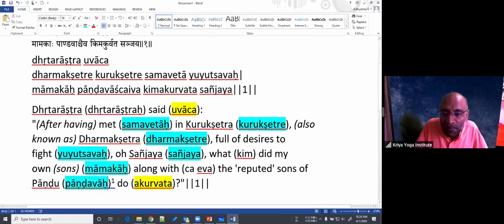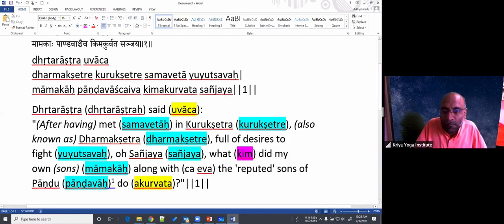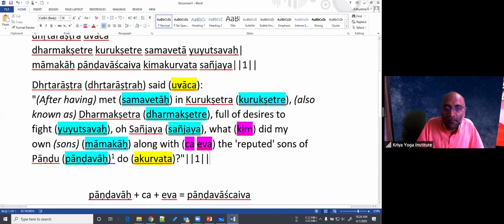Then the remaining 3, Kim, Cha, and Eva, are all indeclinable forms. I told you there are 2 different words, Cha and Eva. In the pink you see the indeclinable forms, the bluish highlight is nominal forms, and these are the verbal forms.